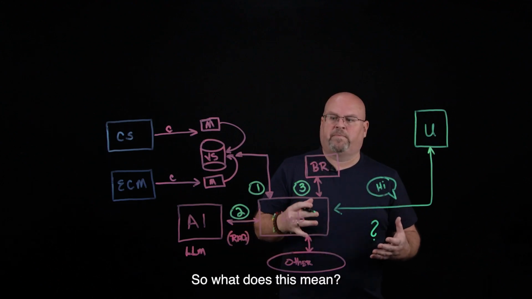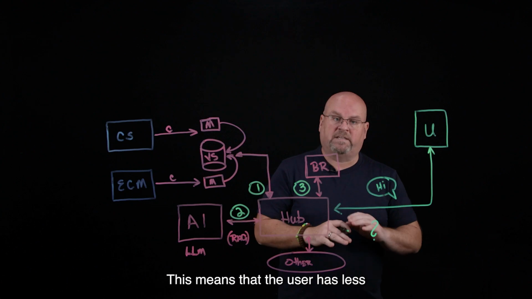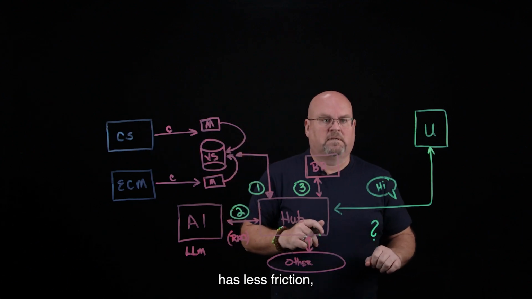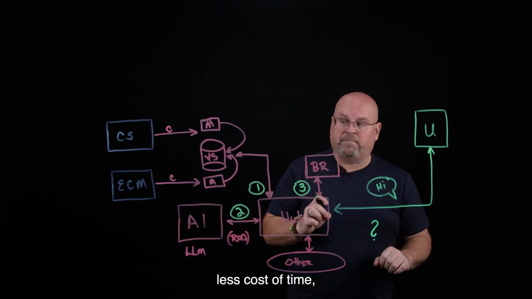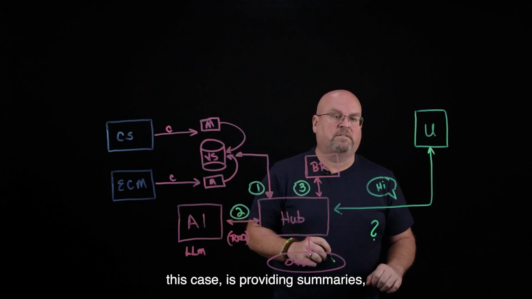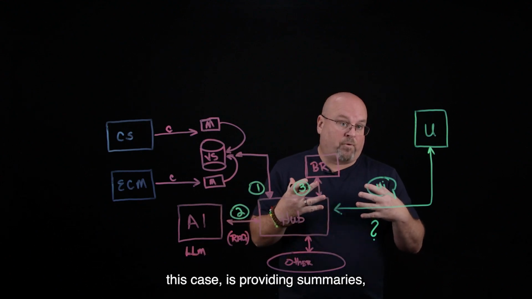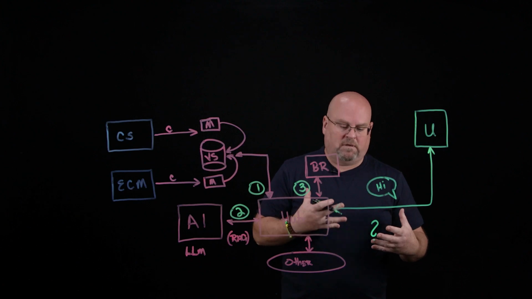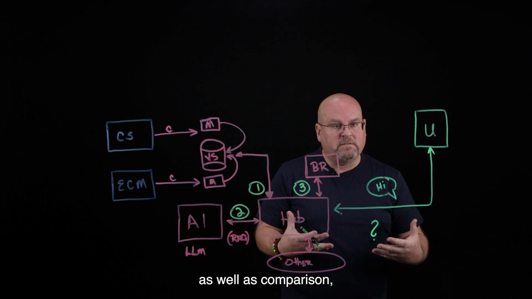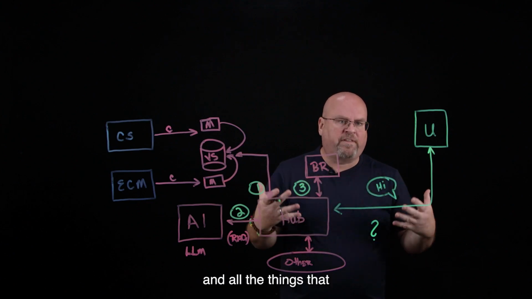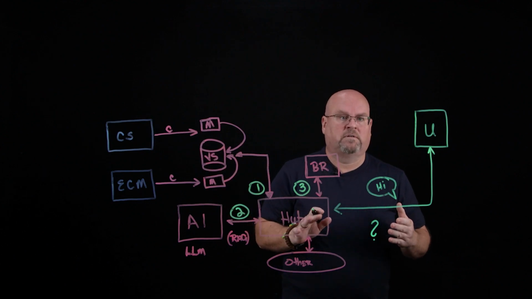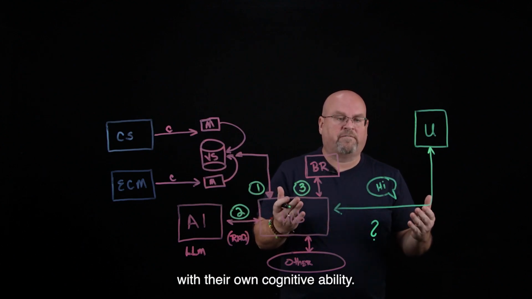So what does this mean? This means that the user has less complexity, has less friction, less cost of time, because the AI, and the LLM in this case, is providing summaries, fact extraction, as well as comparison, and all the things that this user would have to do themselves with their own cognitive ability.